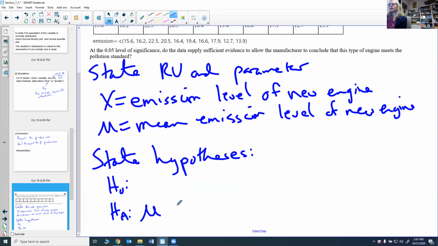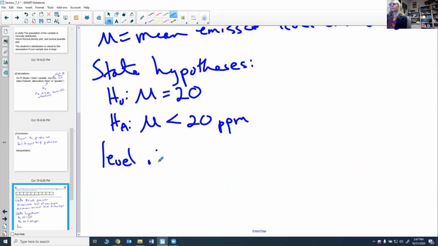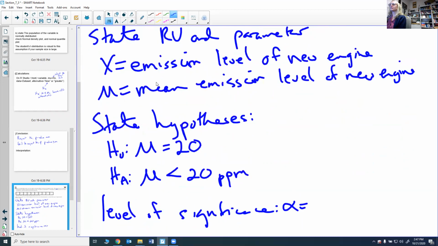So mu, the mean, has to be less than 20 parts per million. H0 is always equal. So once you get what HA is, and this is my question, so I usually start with this, then I just put an equal sign instead of the inequality sign. The other thing I want to do is my level of significance. That's my alpha level. And it tells me right here that I'm supposed to use a 0.05 level.